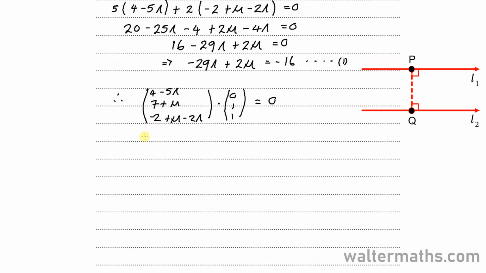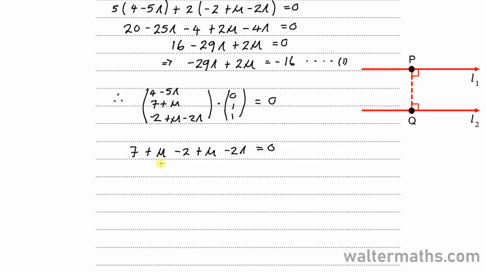So here, 4 minus 5 lambda times 0 is 0. Then 7 plus mu times 1 is just 7 plus mu. Then minus 2 plus mu minus 2 lambda multiplied by 1 is just minus 2 plus mu minus 2 lambda, equal to 0.